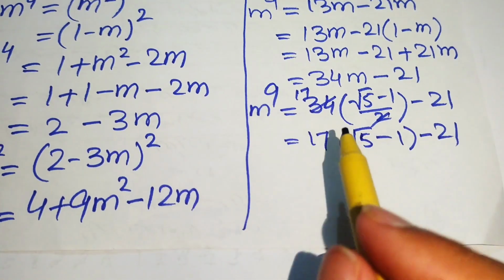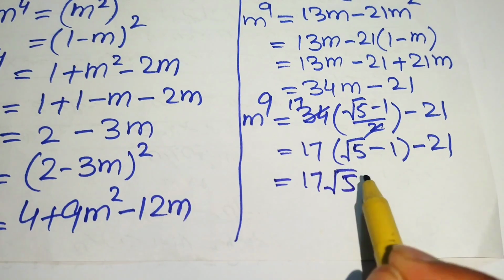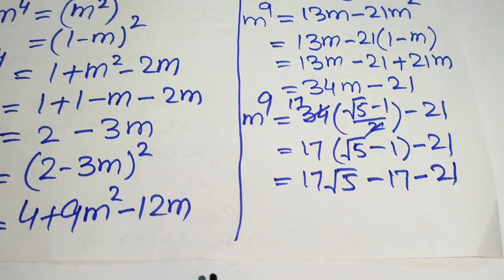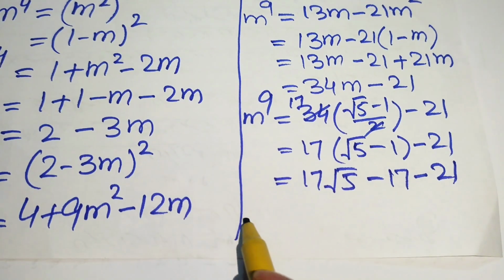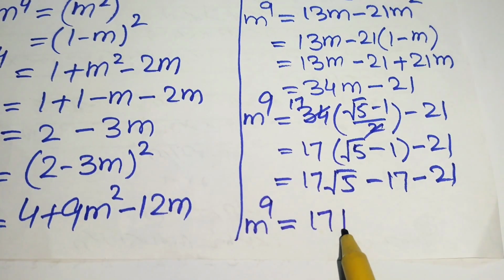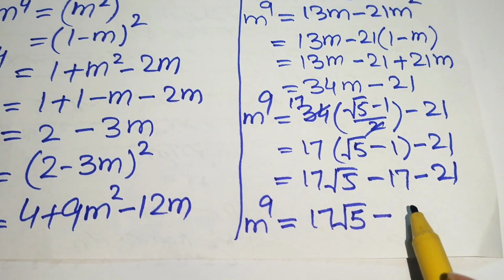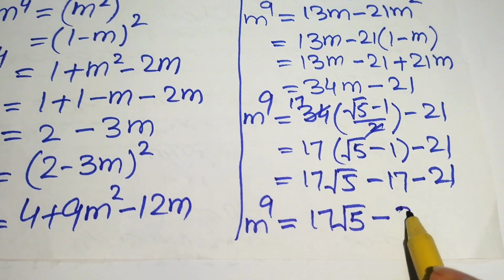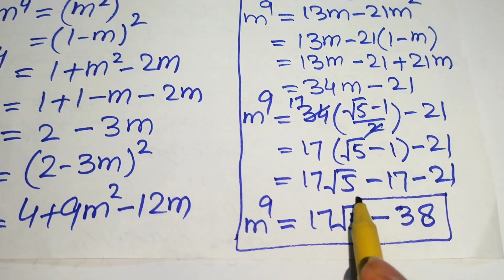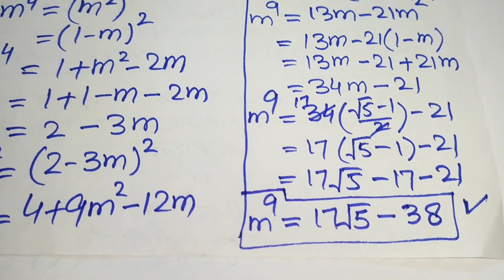Now we multiply the 17 on both terms, and we get 17 times square root of 5 minus 17 minus 21. So finally we get the value of m to the power of 9 equals 17 times square root of 5 minus 17 minus 21 equals 17 square root of 5 minus 38. So this is the final value of m to the power of 9, and this is the final answer.